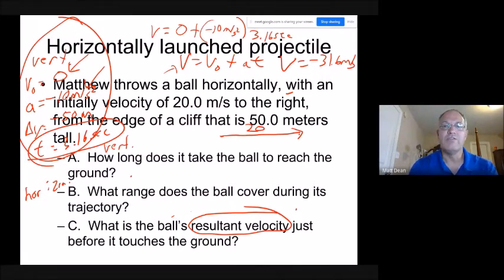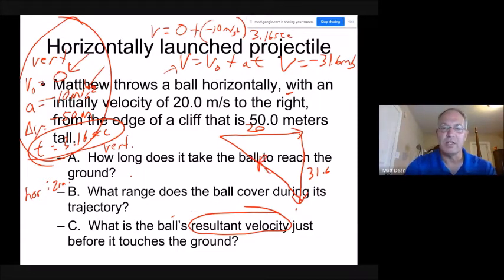So now we need to use vector addition, the tip to tail method, to add our horizontal speed of 20 to our final vertical speed of negative 31.6. So let's come to the tip of the first vector and draw in the second vector, 31.6. To find our resultant, we're going to connect the tail of the first vector to the tip of the second one.